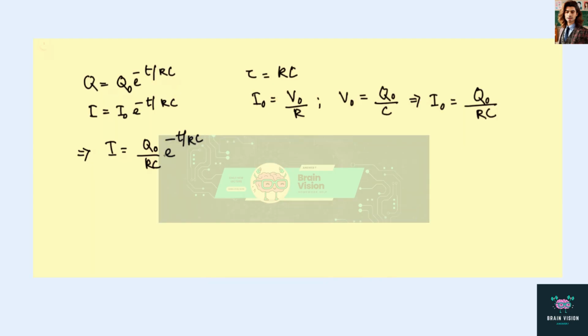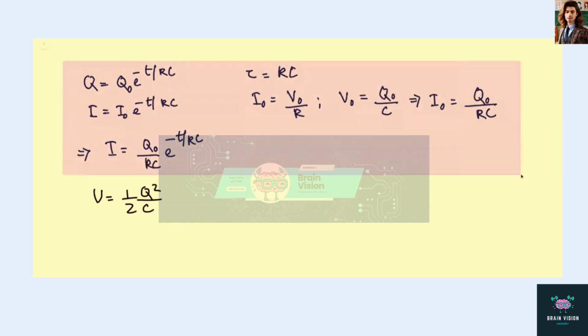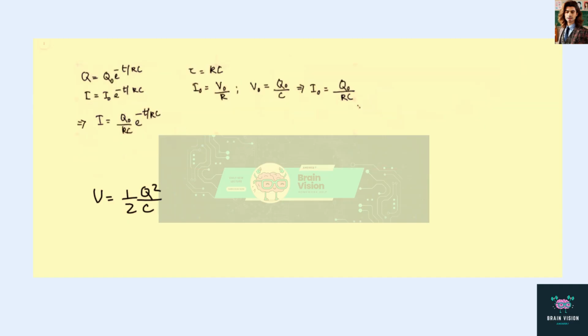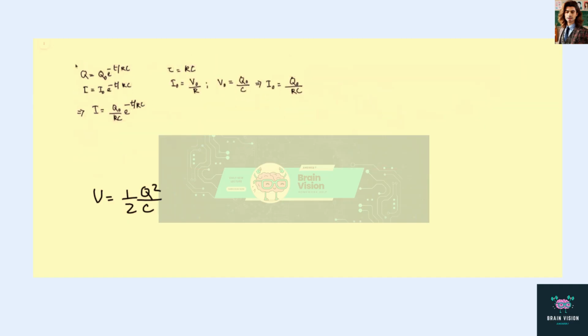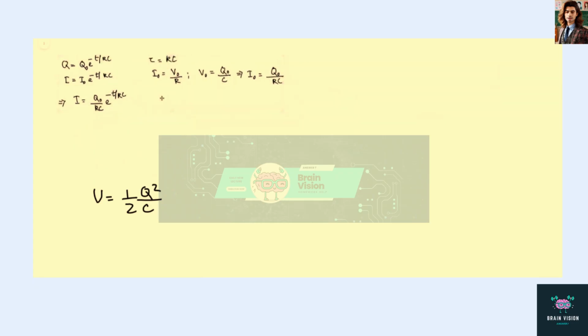Now the energy stored in the capacitor is given by half Q square over C, and this is the potential energy, and the power dissipated in the resistor is given by I square times R. So we will use that later in this problem.